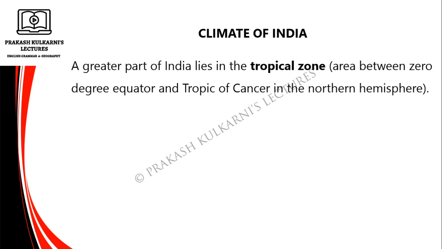A greater part of India lies in the tropical zone. Please remember here, usually a tropical zone refers to the area between Tropic of Cancer and Tropic of Capricorn. But here, with reference to India, the tropical zone refers to the area between 0 degree equator and the Tropic of Cancer in the northern hemisphere.